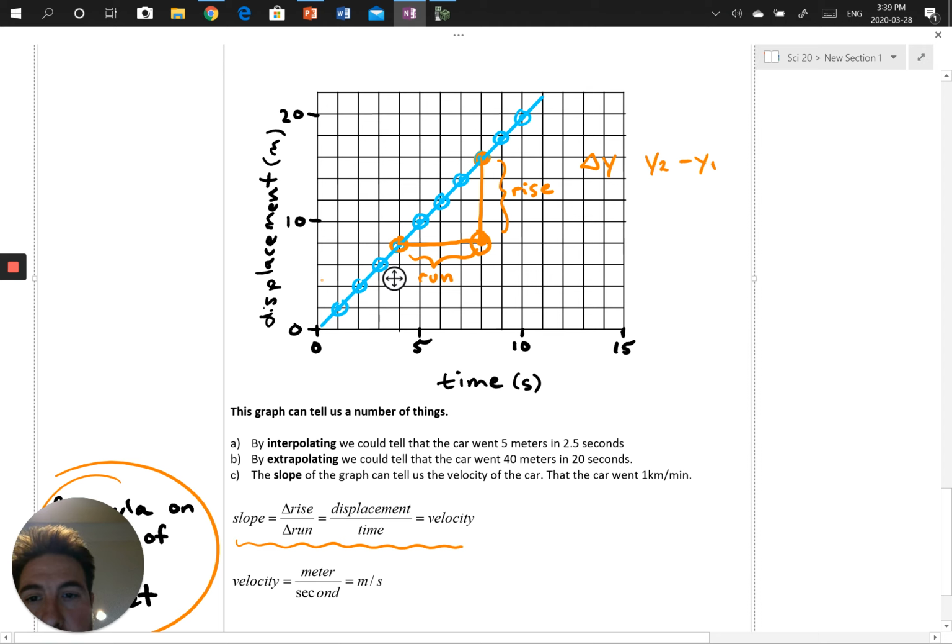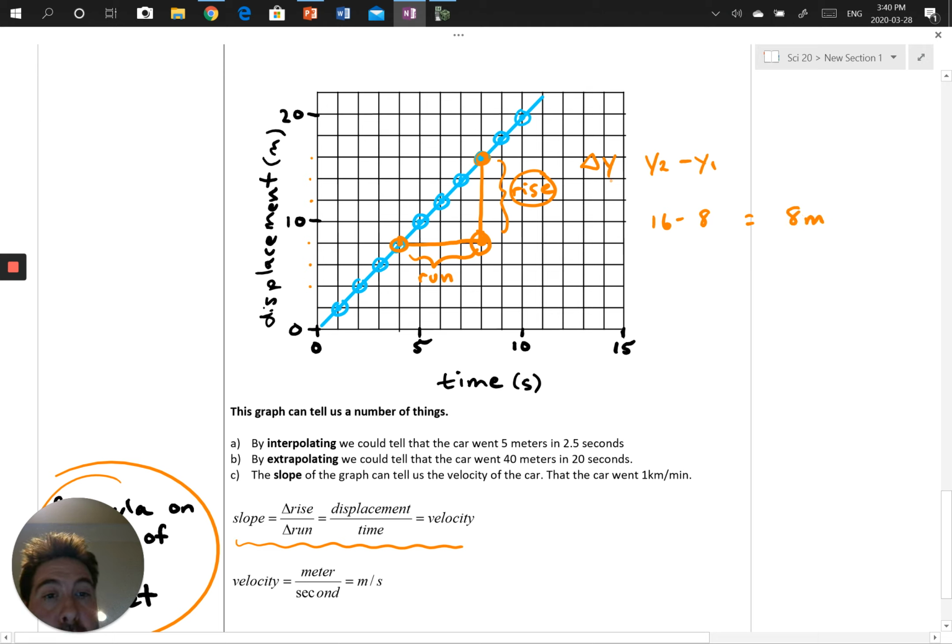And that happens to be, these are going up by 2s. So that's going to be 8. And that's going to be my y1. And my highest y value is going to be 10, 12, 14, 16. So 16 minus 8. So this rise right here represents 8 meters.